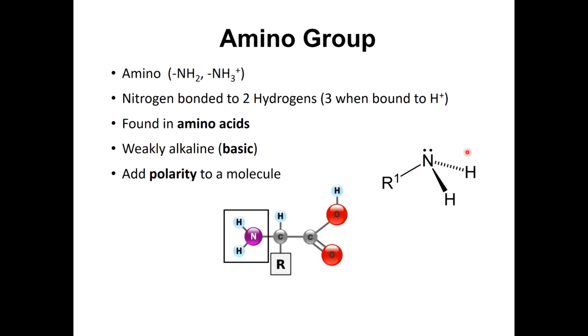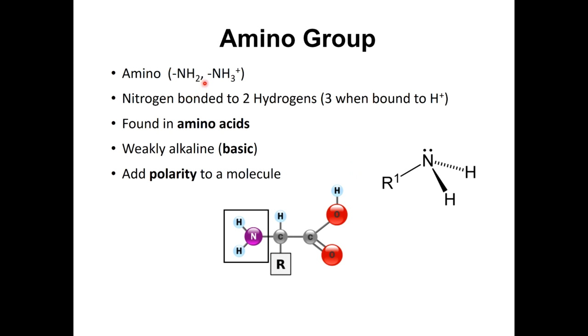What happens is that this group acts as a base, so it's an alkali group, and therefore can bind protons. And the way it binds them, it doesn't bind through a covalent bond, but through electrostatic interaction. So the positive charge of a proton is attracted by the partial negative charge of nitrogen here. And so it's an electrostatic interaction, it's not a covalent bond. So it's never really part of the amino group.